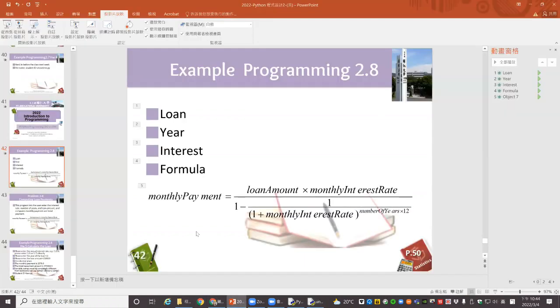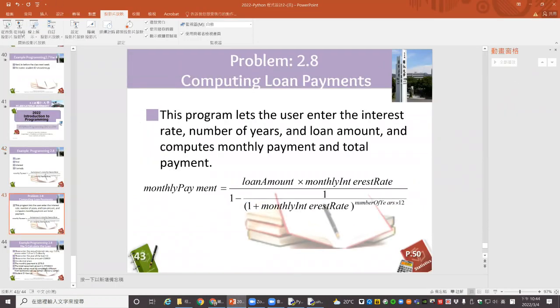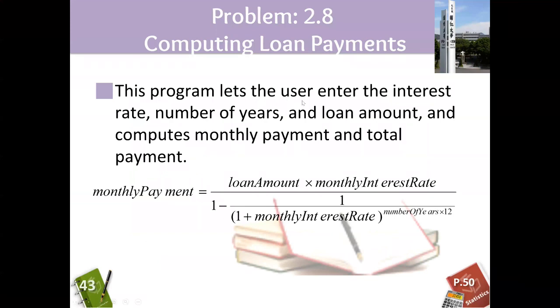Maybe we can use these slides, it's more clear. In this program, the user enters the interest rate first, then the number of years and the loan amount, and we compute the monthly payment and total payment. Of course, you have the monthly payment, multiplied by how many months you pay, and that will be the total payment.